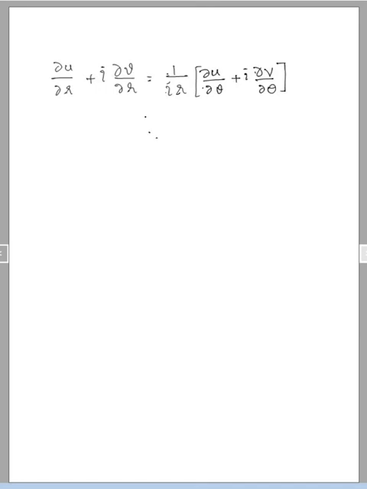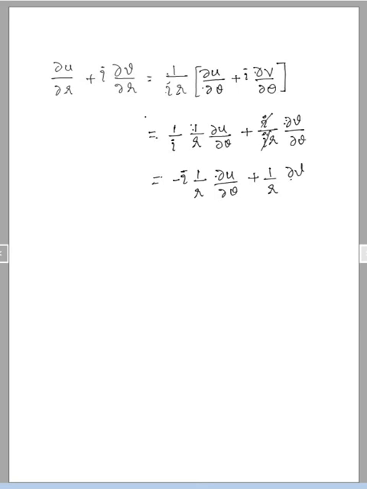Now multiplying by 1 over i r, 1 over i is nothing but minus i. So we get minus i into 1 over r into del u by del theta, and here i by i gets cancelled, leaving 1 over r into del v by del theta.